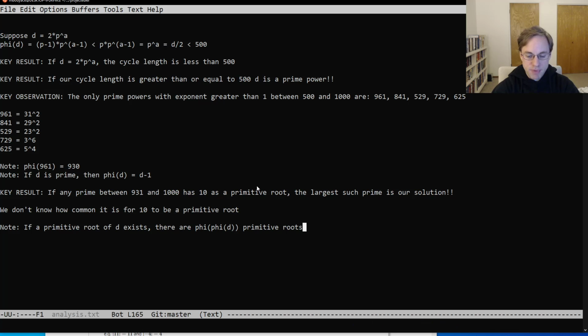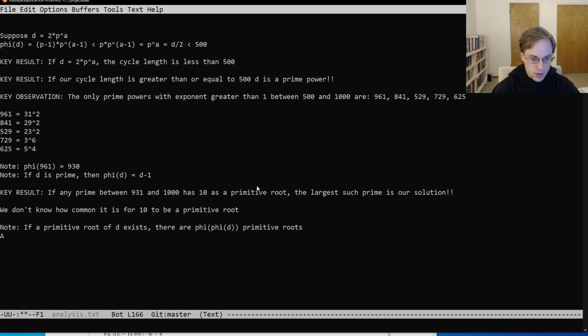I'm not even going to bother making this a theorem because we're not really going to use it, but it does give some motivation for us to think that maybe this isn't a rare occurrence. You can try plugging in some values of D here, which are large primes close to 1000, and you'll see that it's not uncommon.